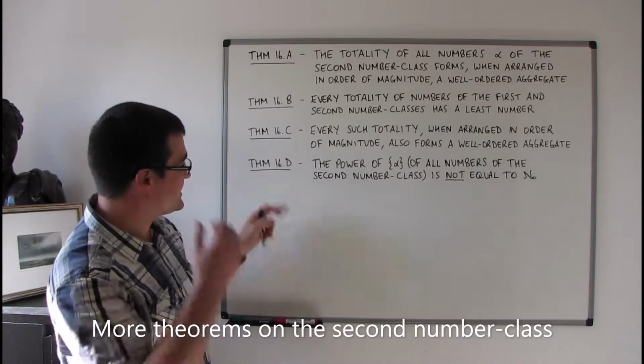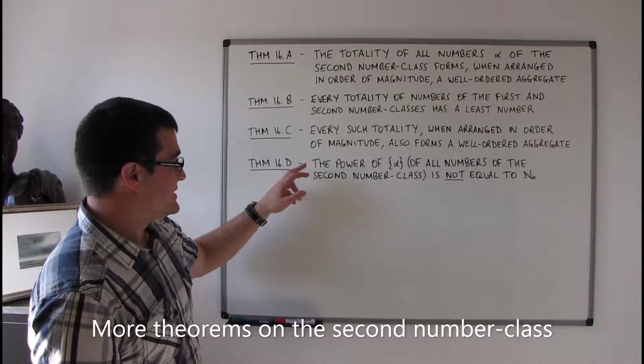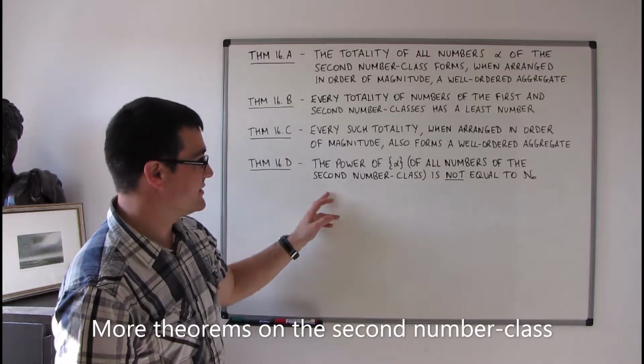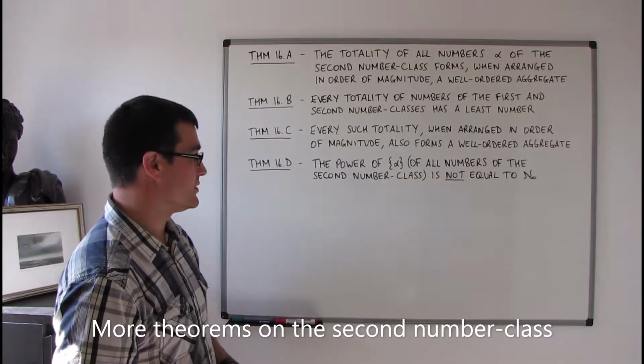Okay, so Theorem 16d, which I am going to prove, says that the power of the second number class, of all numbers of the second number class, is not equal to Aleph naught.